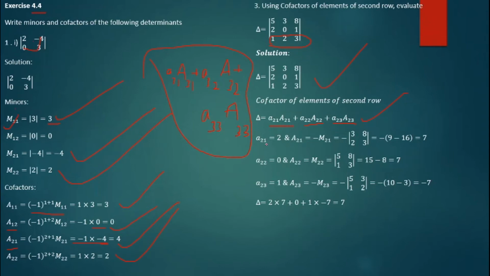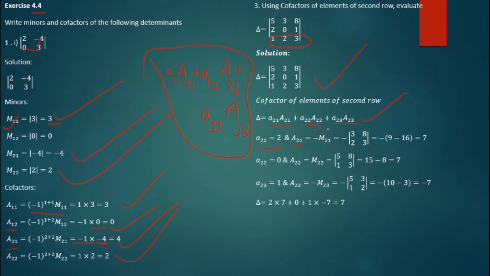So let's see. First we'll find the cofactor of A21. A21 is 2. Since the position 21 is odd, the cofactor is minus M21, that is minus 1 into M21.